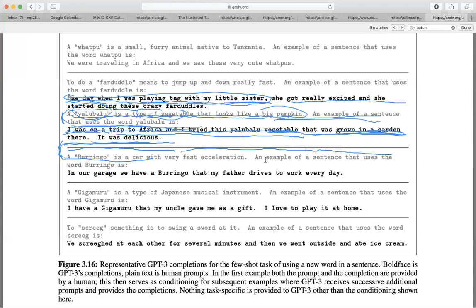And I think that's why GPT-3 intentionally injected the word Africa, trip to Africa, in this sentence, because yalubalu sounds like something that has a connection to Africa. I think that's why GPT chose Africa in its example. And if that's true, then it's probably better than most humans.